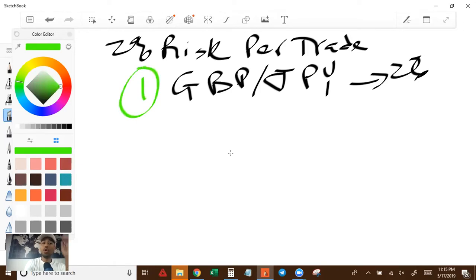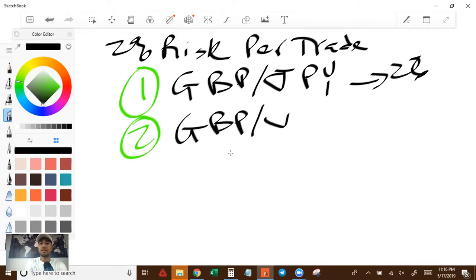No more than 2 trades running at the same time. So if you feel confident about this specific trade, cool, you can run another one at that price. You can run just one more, but that's the most. You can't do anything else on GBPJPY. That's the most. So that's that.